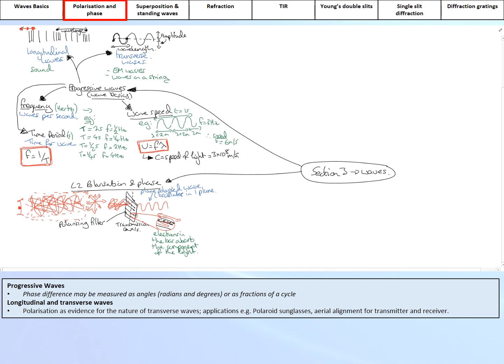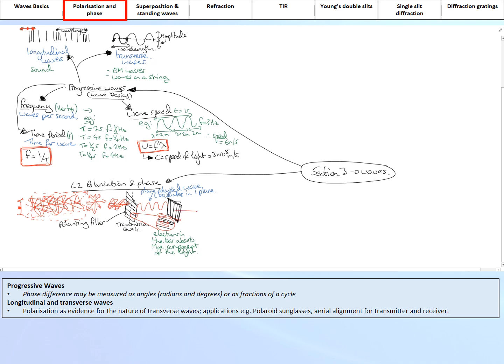So if we take another grid and put it here, now we've only got the vertical bit gone through, so we put some vertical lines here like this, a grid orientated vertically, then the light will make the electrons move up and down. The up and down bit of the light will move the electrons up and down in the wires, and that will be absorbed as well.